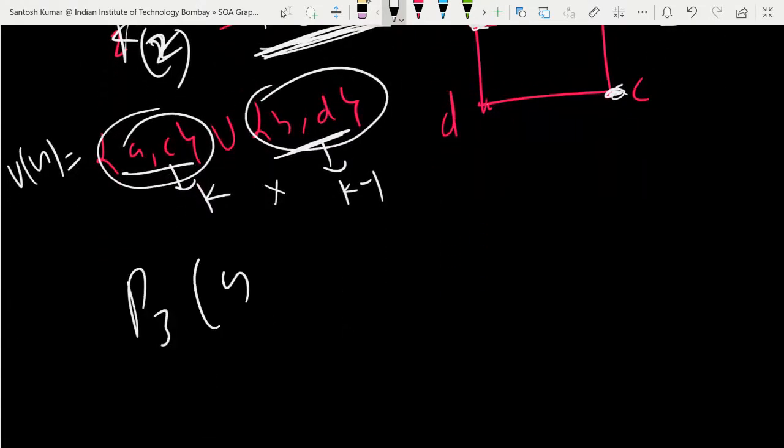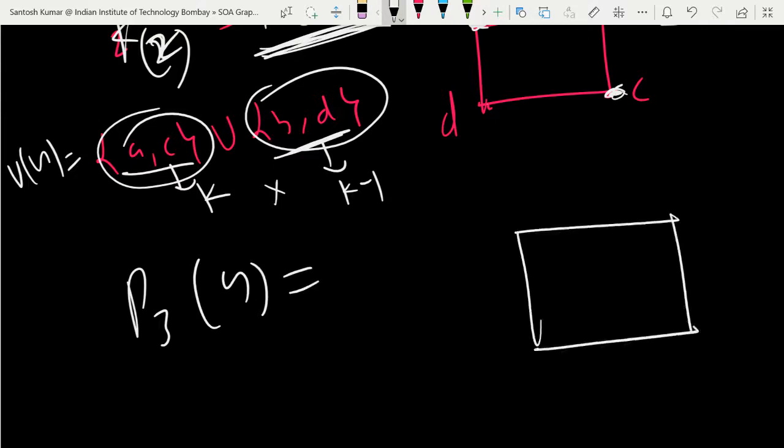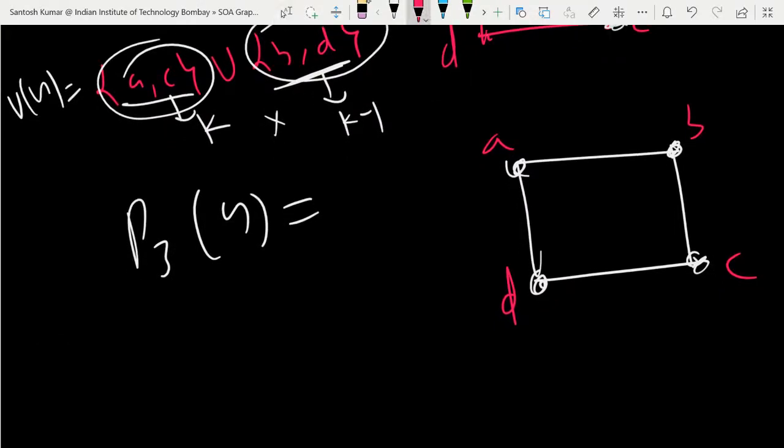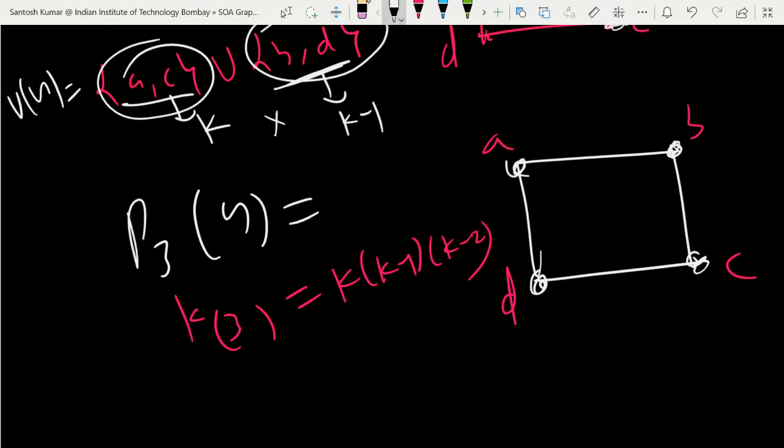Now come to P3. P3 means you want to partition these vertices into three independent sets. As you have seen, K3 means you have K, K minus 1, K minus 2. So P3 was how many ways you can do that. The vertex set can be written as a partition of three independent sets in how many ways?